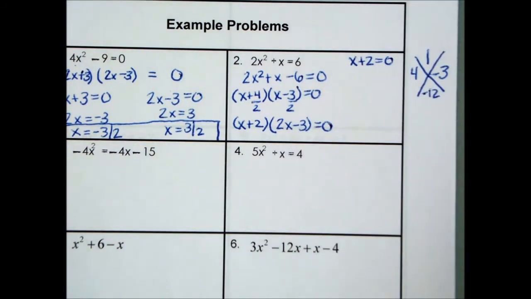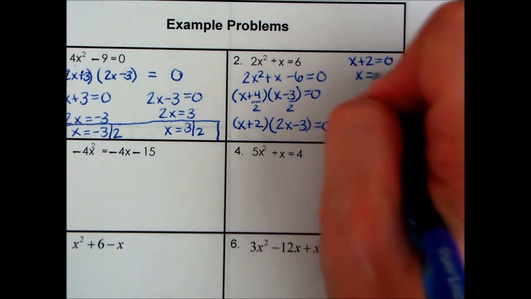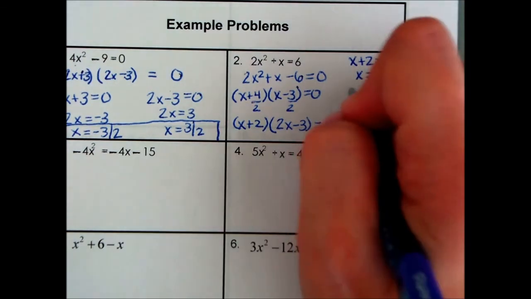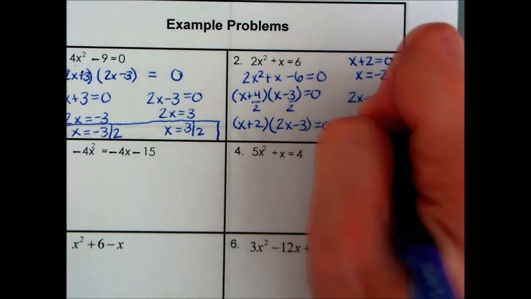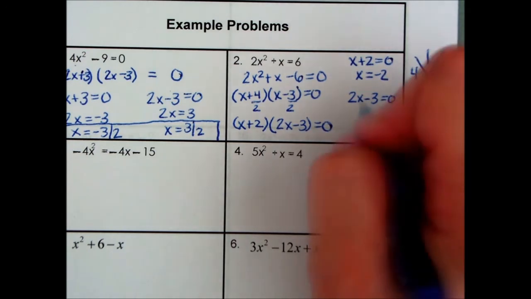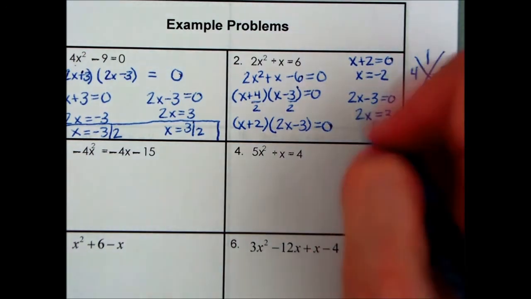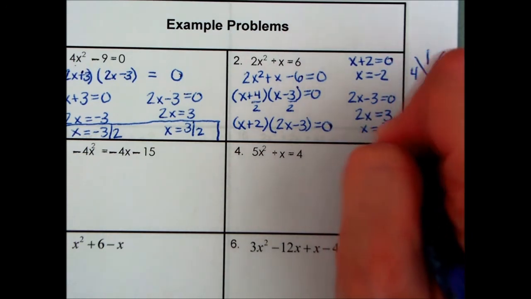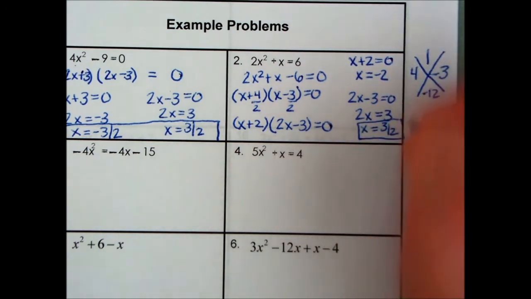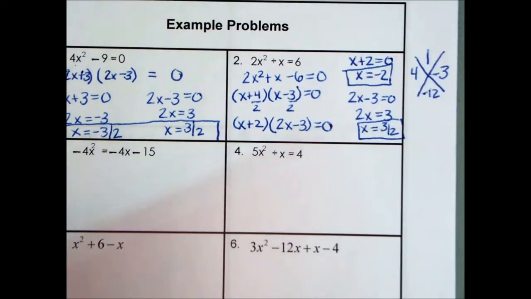When we subtract 2 from both sides, we get x equals negative 2. Then we have the second equation, 2x minus 3 equals 0. So add 3 to both sides, and 2x is equal to positive 3. Divide both sides by 2, and x is equal to 3 halves. So one solution is x equals 3 halves. The other solution is x equals negative 2.